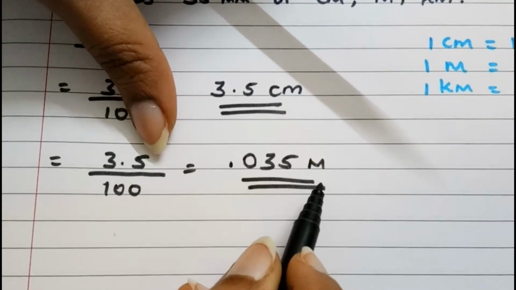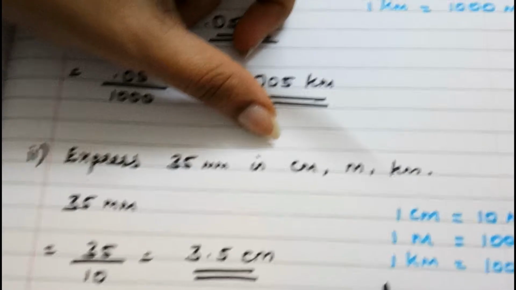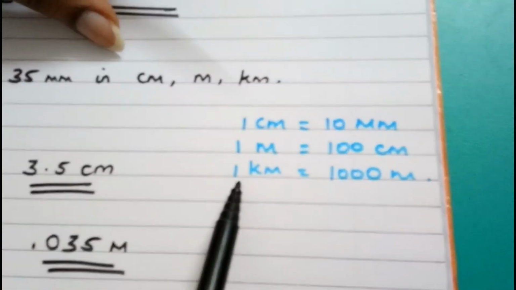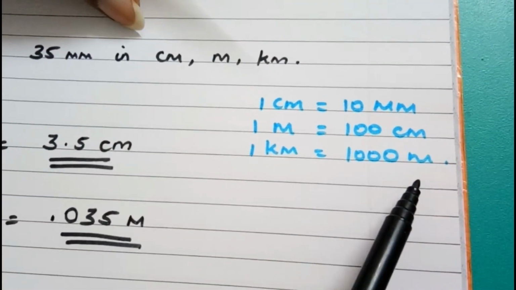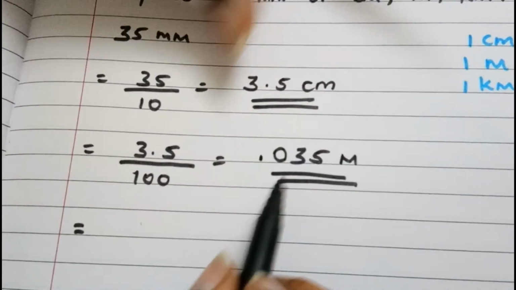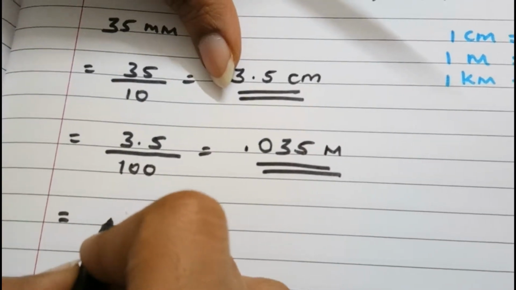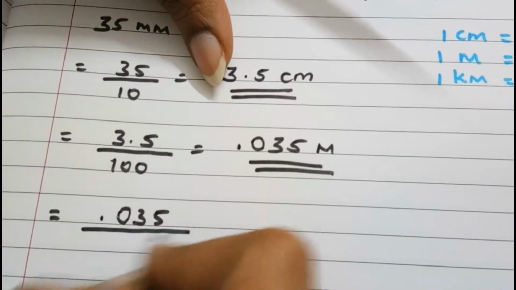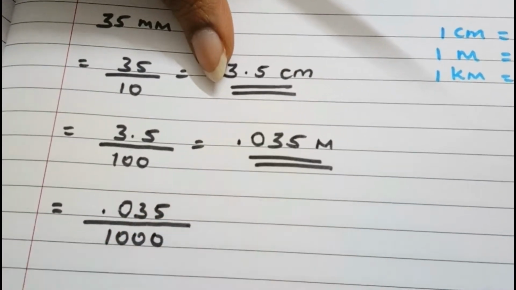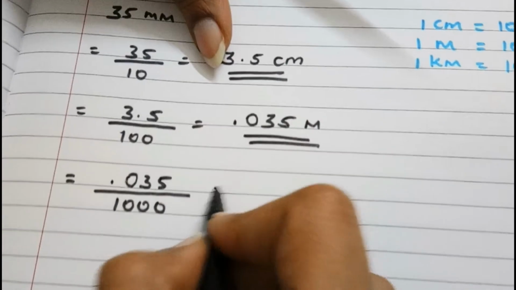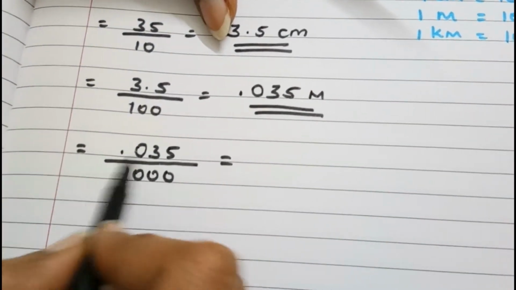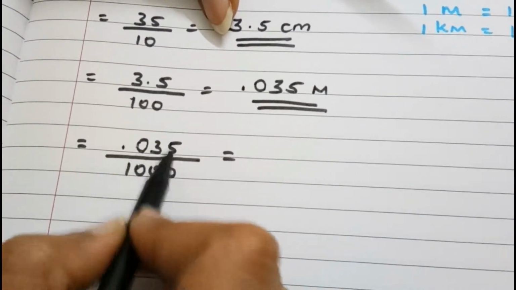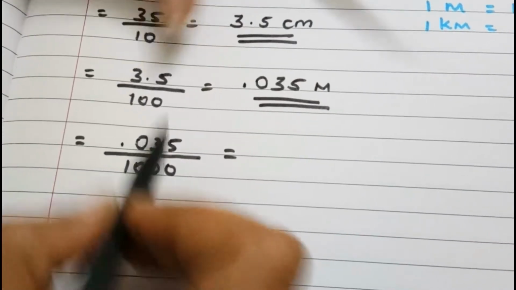So it is 0.035 meters. Now last but not the least is to find the kilometers, and the formula is 1 kilometer is equal to 1000 meters. So how will we write this? 0.035 divided by 1000. Okay. Since all these three digits are after the decimal point, they will not be counted. Why did we count here?